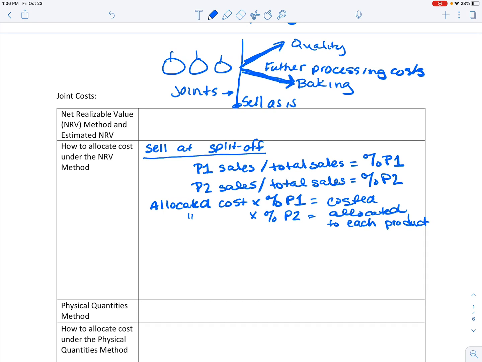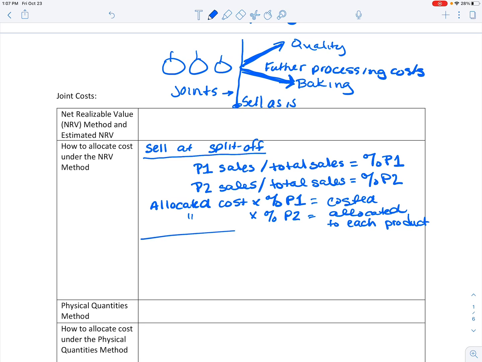If for some reason we're going to process this further, maybe we're making applesauce and apple pies, that would add additional cost to this process. And so we're going to then look to our estimated net realizable value.